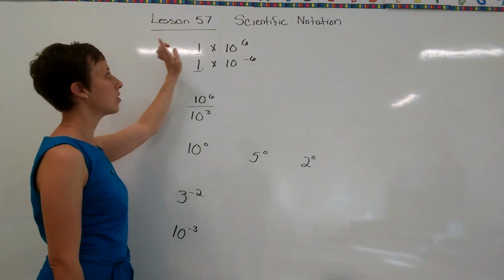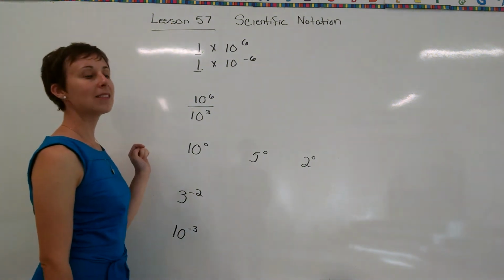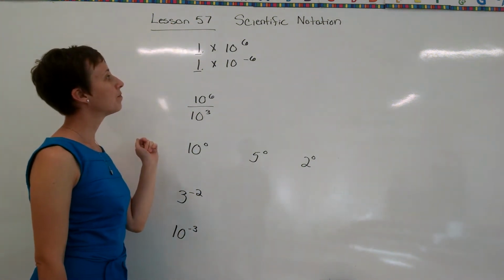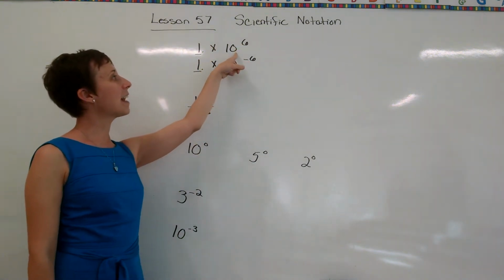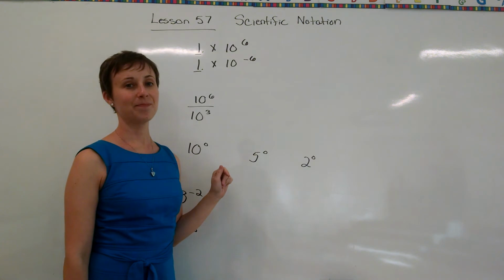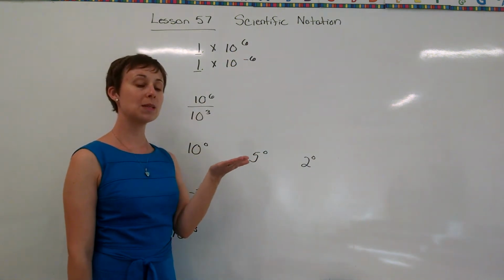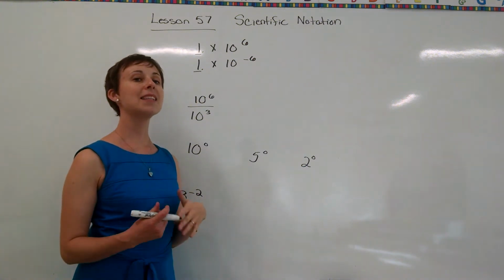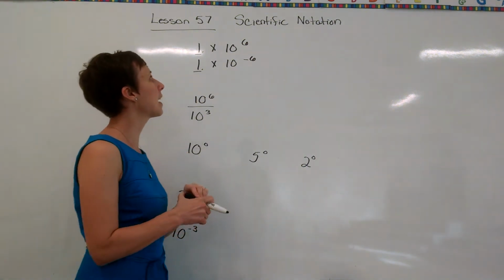It would never be 100. It is always one digit in the ones place, and then sometimes a decimal. Then it always has a times sign, and then 10 to an exponent. The 10 to the exponent tells you how many places you're going to move the decimal to find the number in standard notation. So let's review what that looks like.